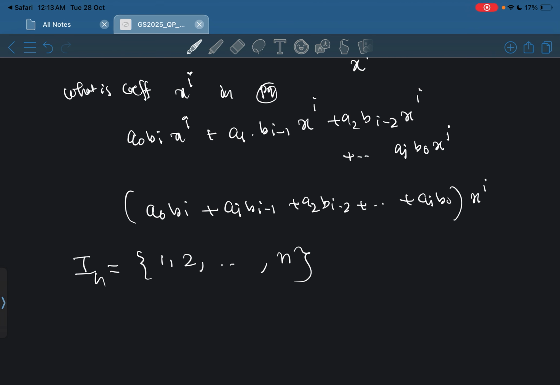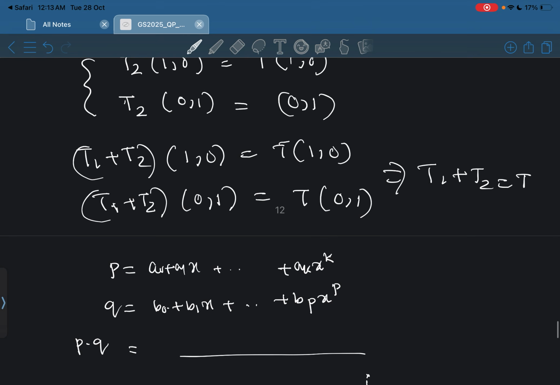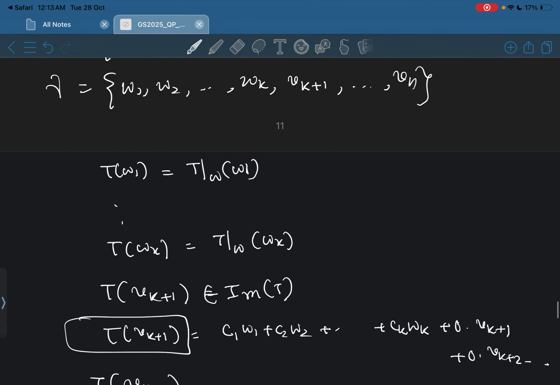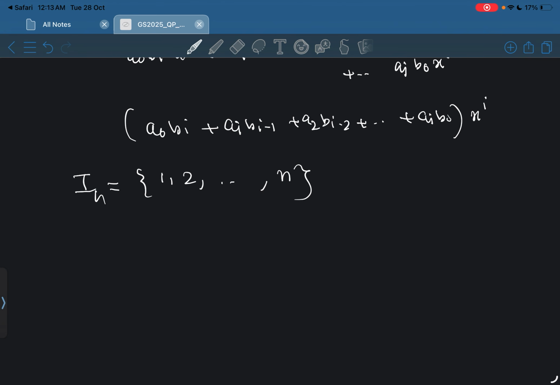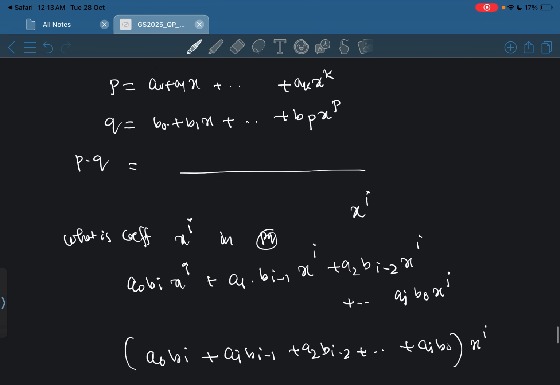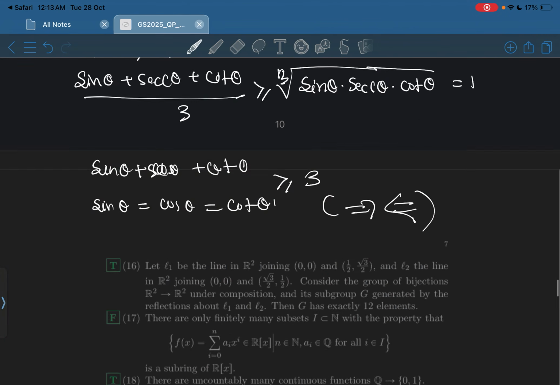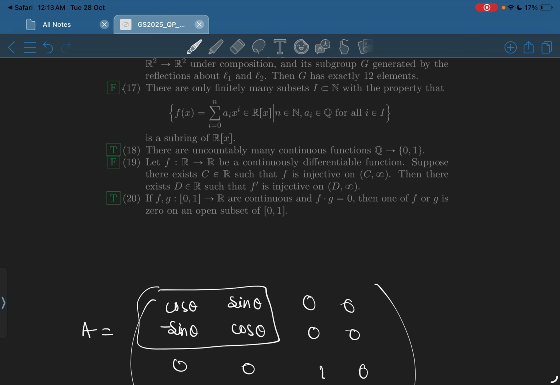Then if you take the product, this x to the power i has a rational coefficient, because the coefficient of x to the power i is contributed by the lower degree terms. If all the lower degree terms are rational, then their products and sum are also rational. So that's why this subset is not finite. You can construct infinitely many such subsets. In particular, if you choose i to be 1 up to n for any n, that gives you a subring. So that's why the statement that there are only finitely many subsets is false.